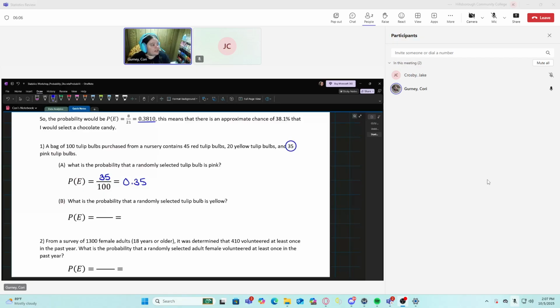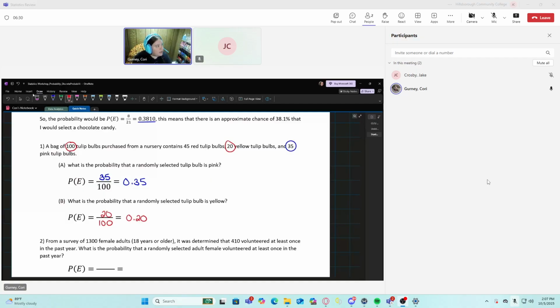And then the next one says, what is the probability that a randomly selected tulip bulb is yellow? So yellow tulip bulbs is 20. So we just come up here, 20 out of 100, and 20 comes on top. And since we still have 100 in the bag, it would be 20 out of 100 or 0.2. 0.20.